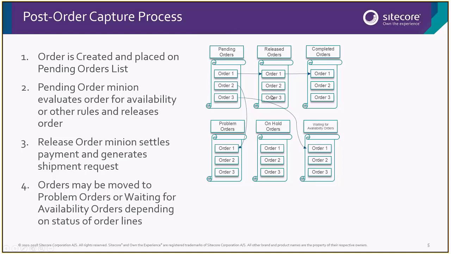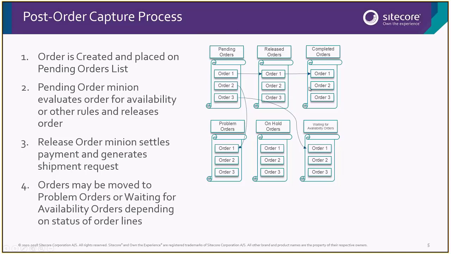It's important to understand that there are states where you can no longer put the order on hold. An example of that is if the order's already been released and a shipment has been generated, and in some cases it's already packed and on a truck. For most companies, it's actually cheaper to let the order be delivered and then have the customer return it than to stop everything and kind of dig through a truck to find that order.